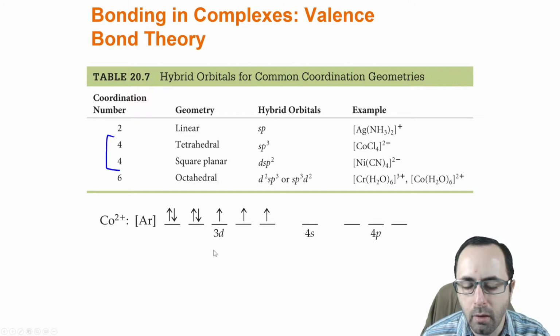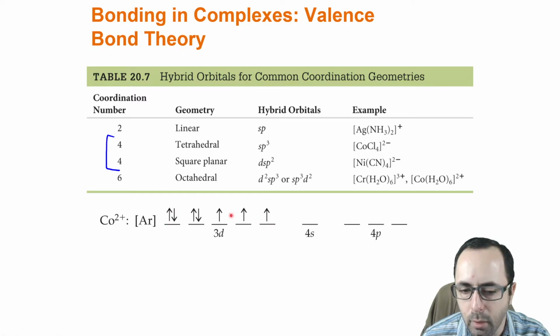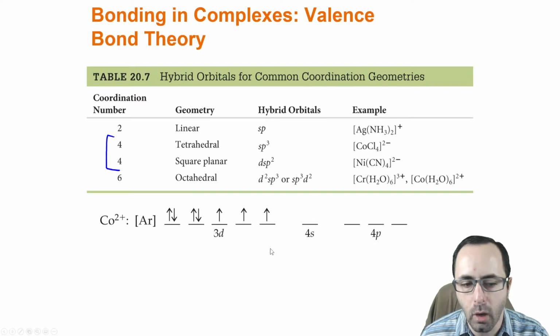So let's take a look here at the ion cobalt 2+, which has the electron configuration argon 3d7. 4s is empty, and here's why. Let's look at what it would be for a neutral cobalt atom.